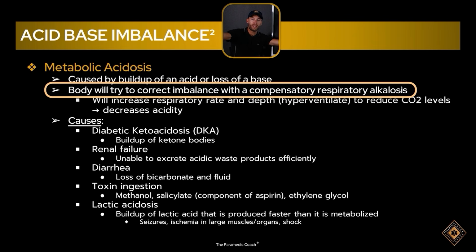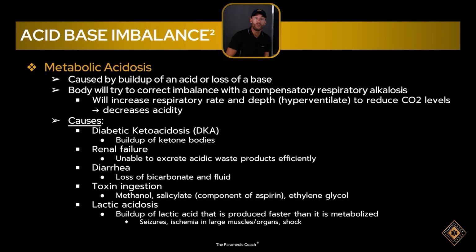So you go to a patient, they're diabetic. They're type 1 diabetic, because type 1 diabetics get DKA. Their blood glucose is through the roof. It's very high, 300, 400, 500, 600, 700. Let's say it's 500.